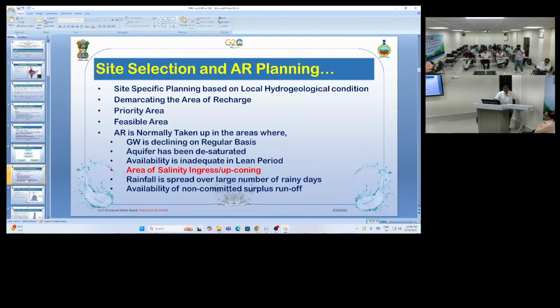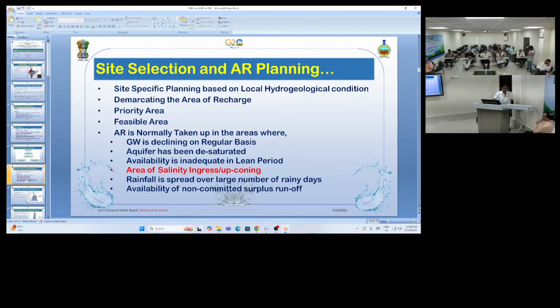Site selection and artificial recharge planning. Site specific planning based on local hydrogeological condition. Every structure is not feasible everywhere. Hydrogeology is important: demarcating the area of the reserve, prioritizing the area, and checking whether the area is feasible. Normally it is taken up in areas where groundwater is declining on a regular basis. Unnecessarily, everywhere we will not go for recharging.